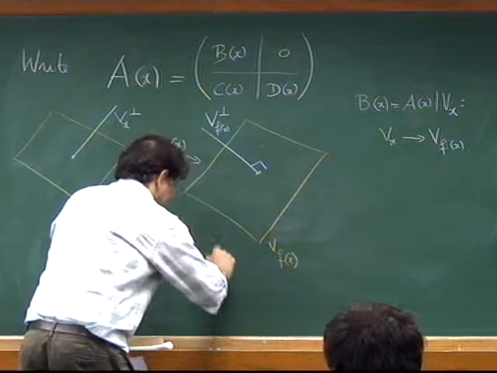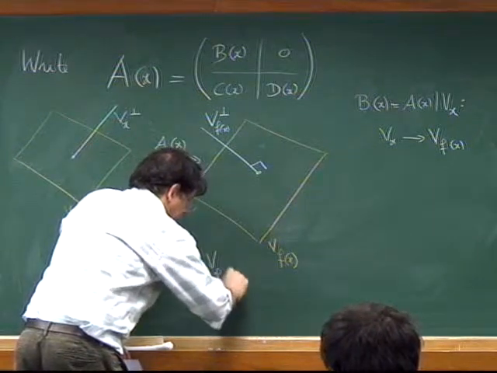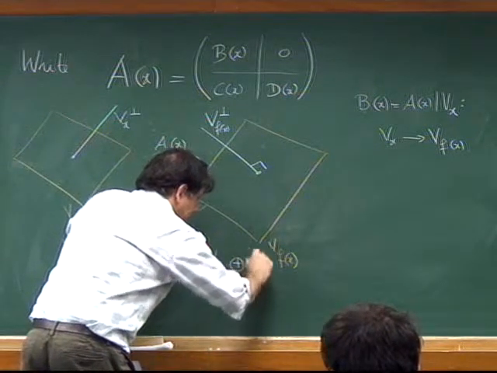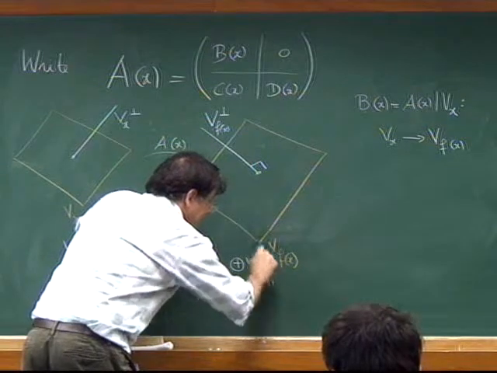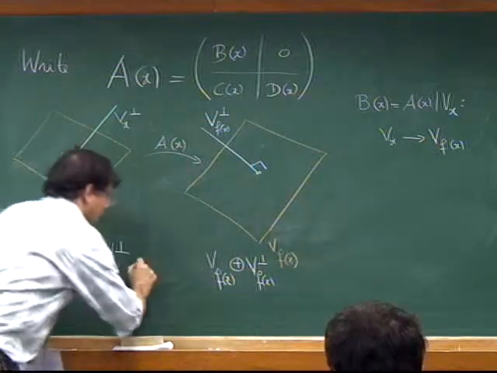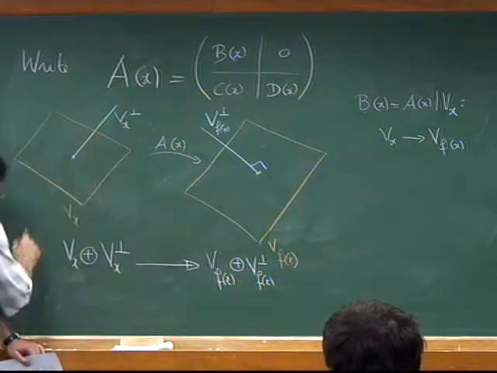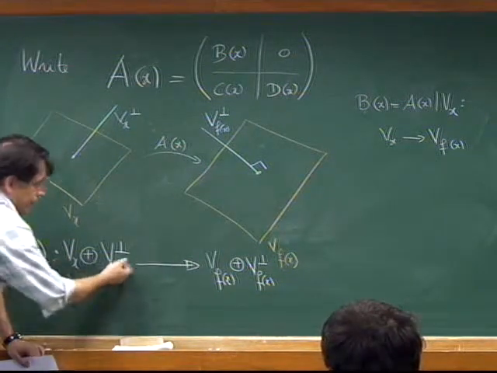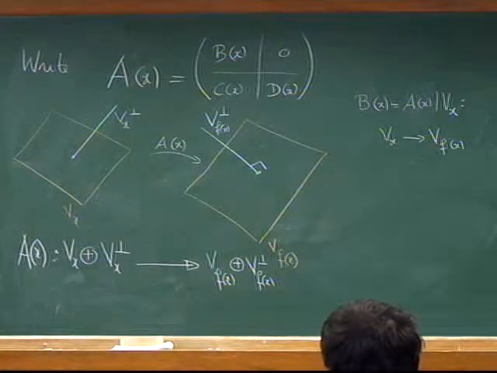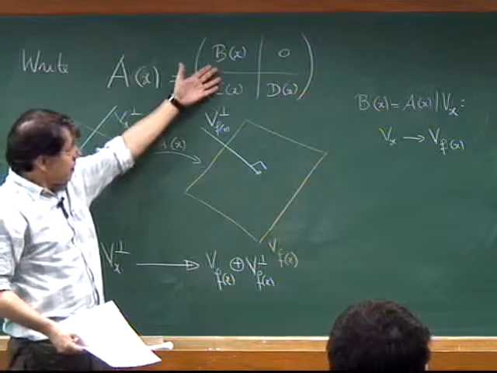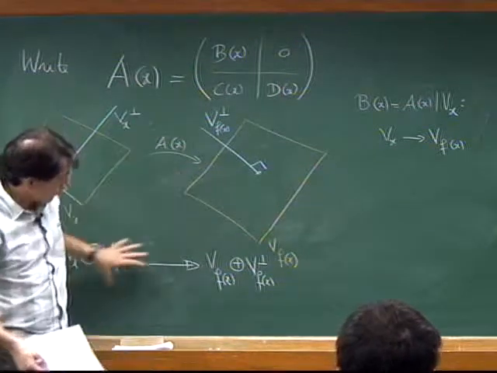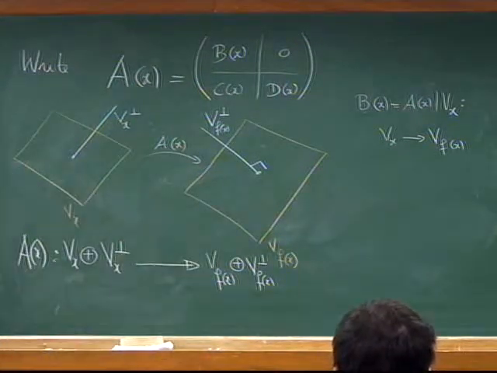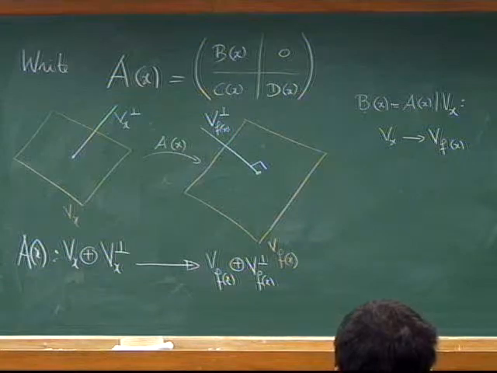Here I also have an analogous direct sum. And my map A is a linear map from this direct sum to this direct sum. So this is the representation of this linear map with respect to these sums. Okay?